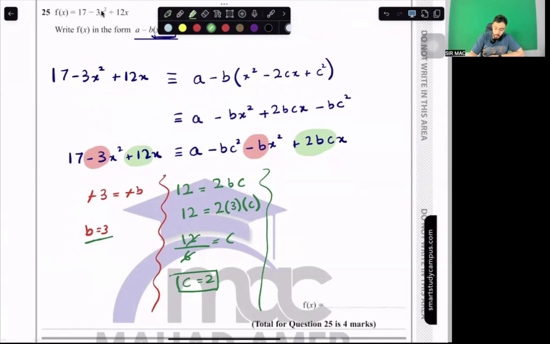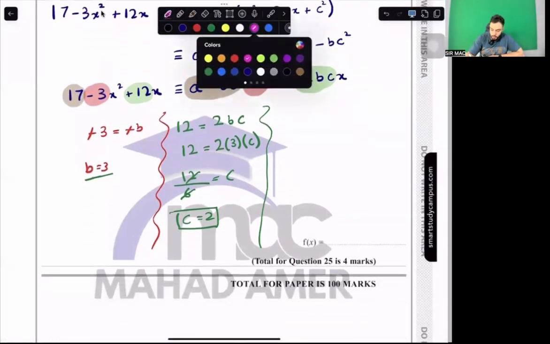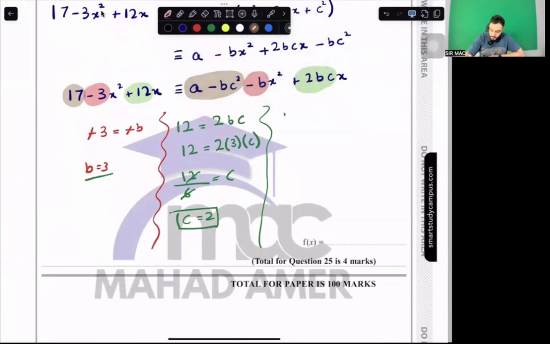Lastly, the constant value is a minus bc squared, and over here the constant value is 17. So the last thing you have to do is 17 is going to be equal to a minus bc squared.